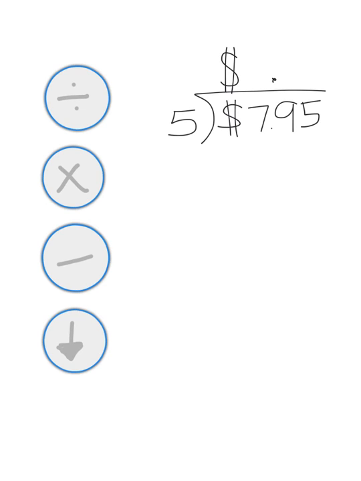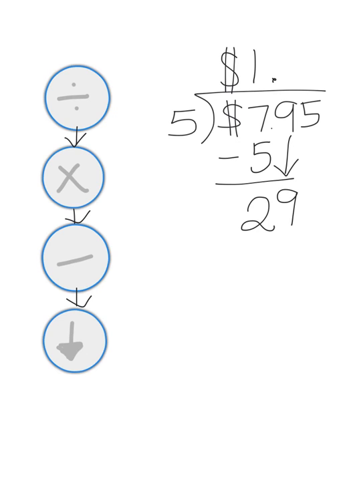So I'm going to start with my usual step, which is division. 5 goes into 7 one time. 1 times 5 is 5. 7 minus 5 is 2. Bring down my 9. 5 goes into 29 5 times.